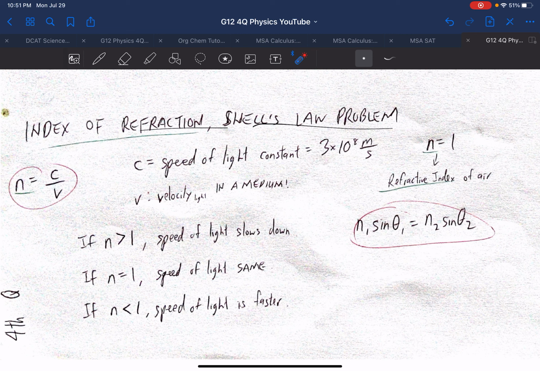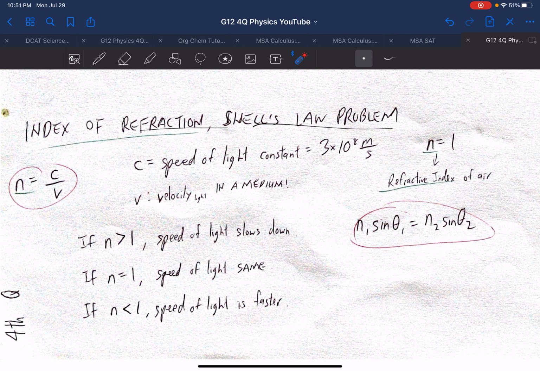And V is the velocity of light in a medium. So if N is greater than 1, the speed of light slows down. If N is equal to 1, the speed of light is the same. Same with what? I'm not sure either. Anyways, if N is less than 1, then the speed of light is faster.